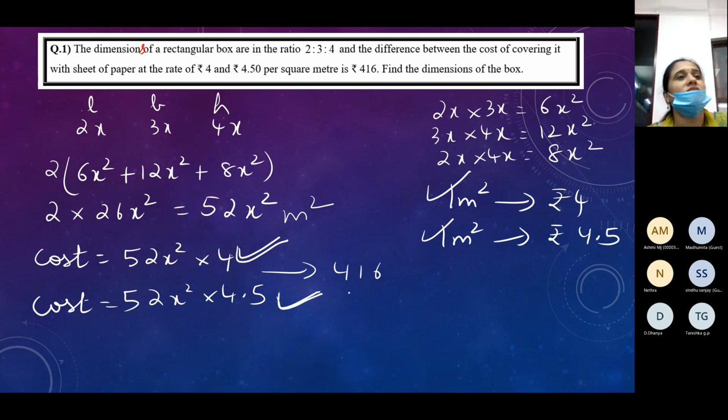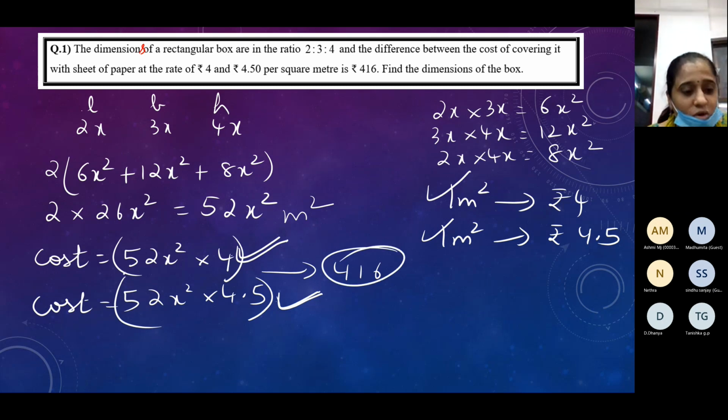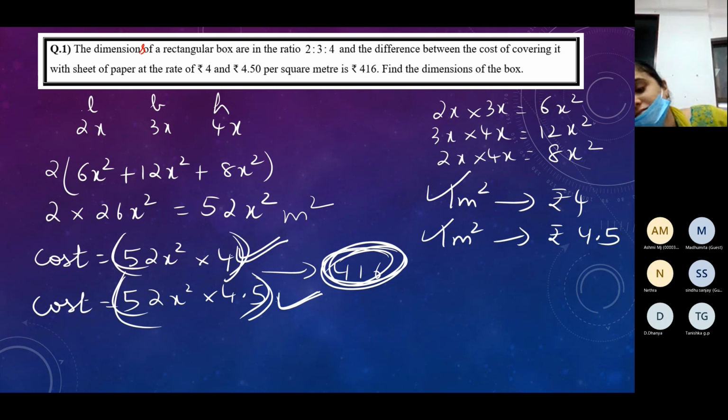So this cost minus this cost, that difference is 416. Understood, all of you?